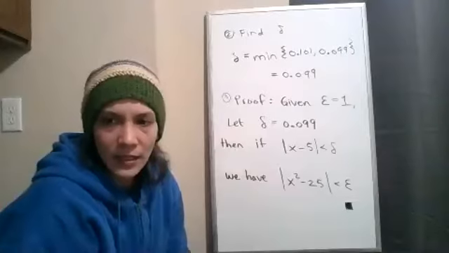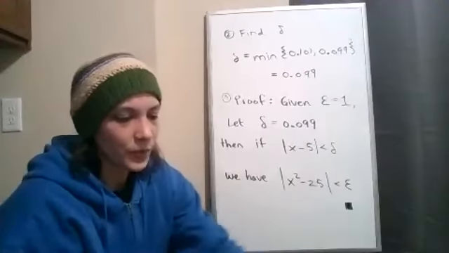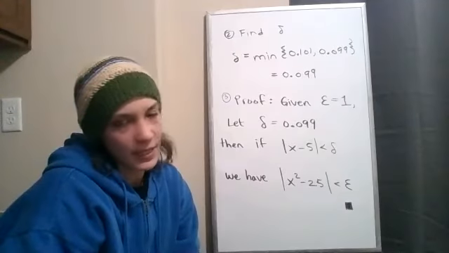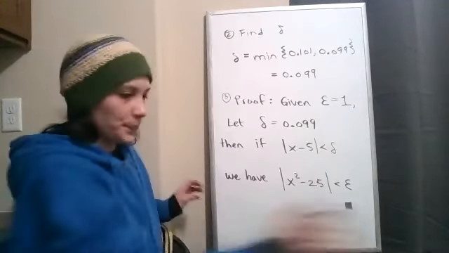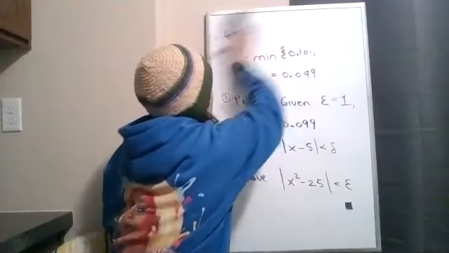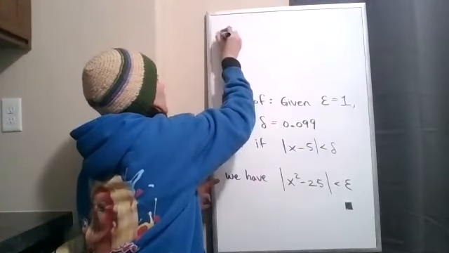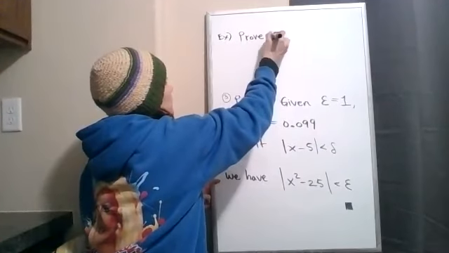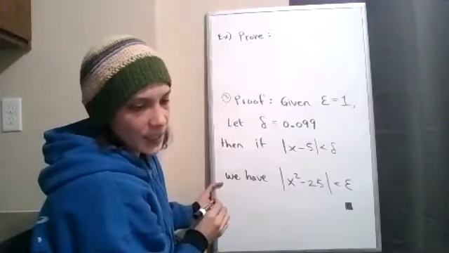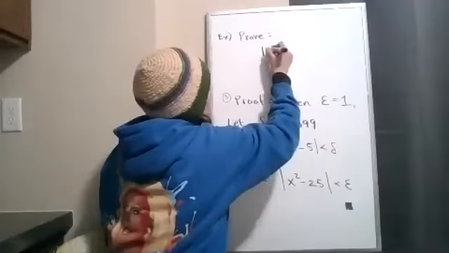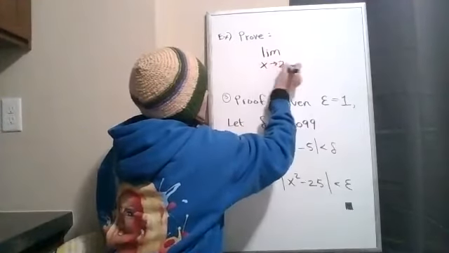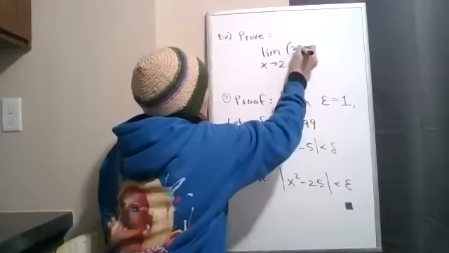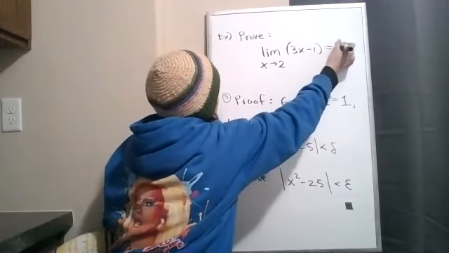There's 5 minutes left. Okay, I'm going to introduce the next problem we're going to prove, and then we'll probably come back next time to finish it. Prove that the limit as x approaches 2 of 3x minus 1 equals 5.